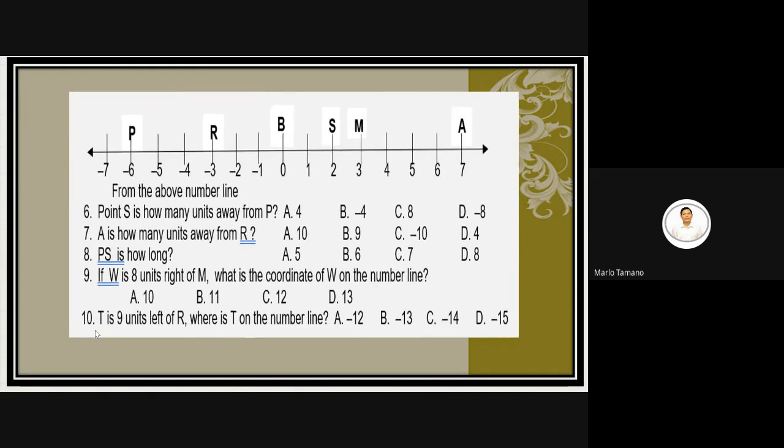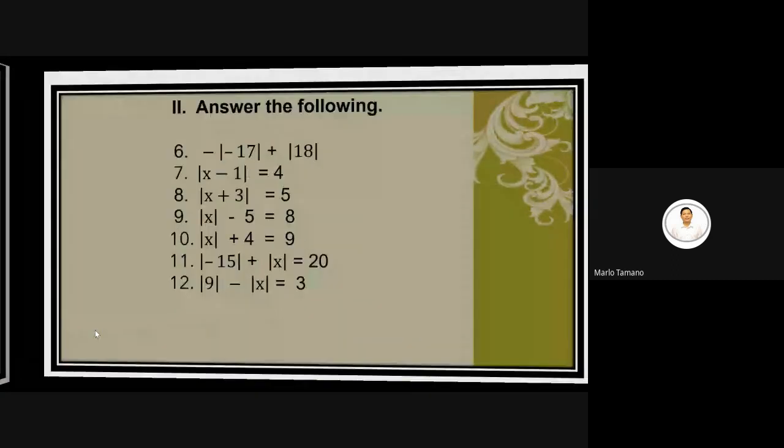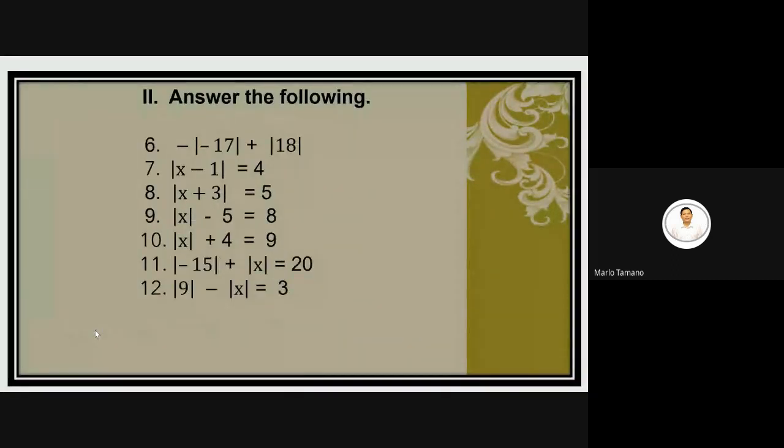Tapos eto naman po ang part 2. Yan po ang part 2 ng inyong gagawin. Pakipicturean din po at ilagay sa GC para doon sa mga absent at hindi maka-attend ng klase dahil wala silang pang-online.